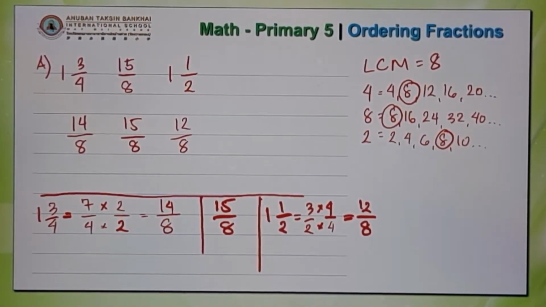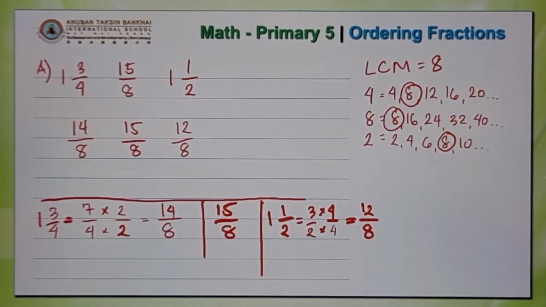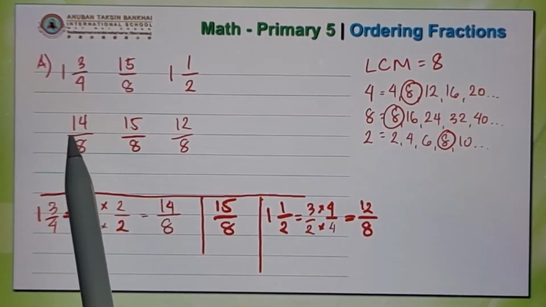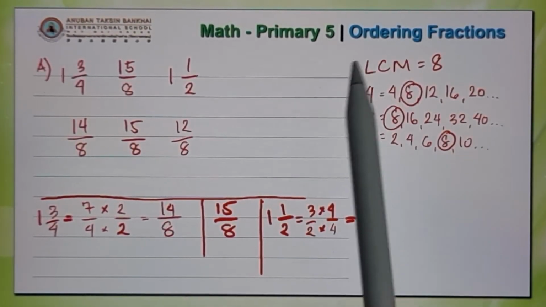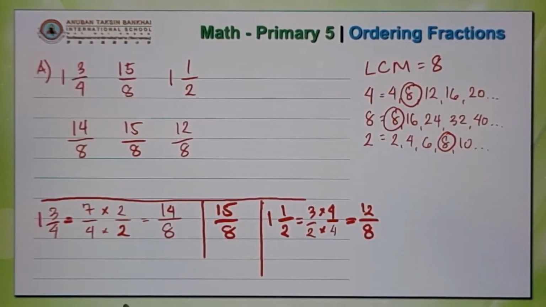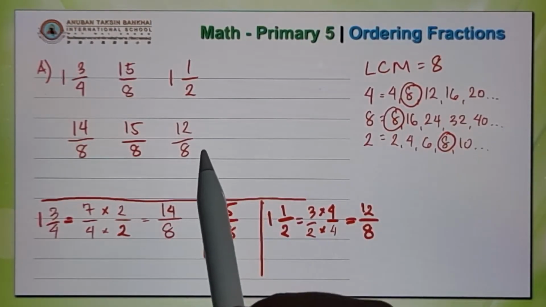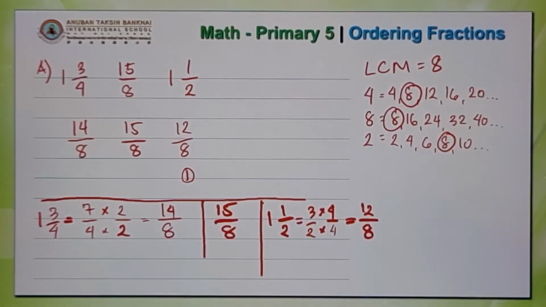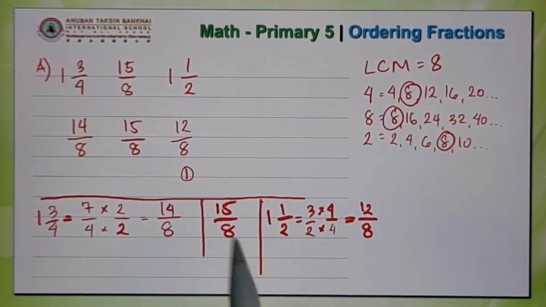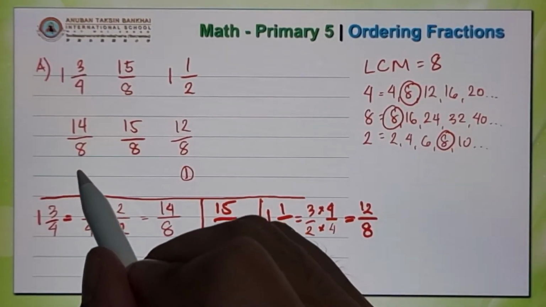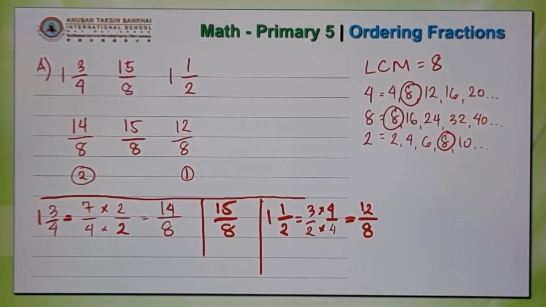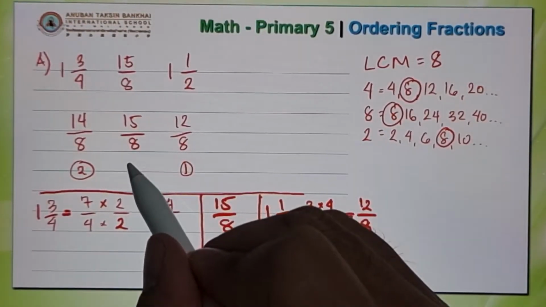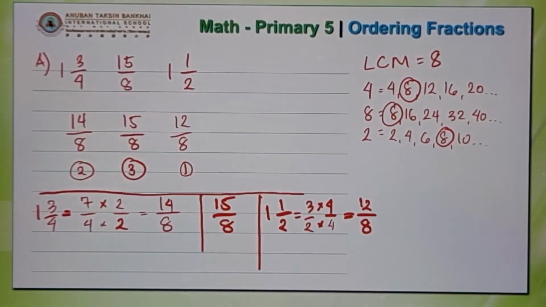Okay, so now our fractions have the same denominator. Let's evaluate our numerator. Again, this is increasing order, small going to big. So therefore, we have first, we have 12. So this is the smallest fraction. Next, we have 14. So this is the next one. And then, of course, 15 as our largest number.